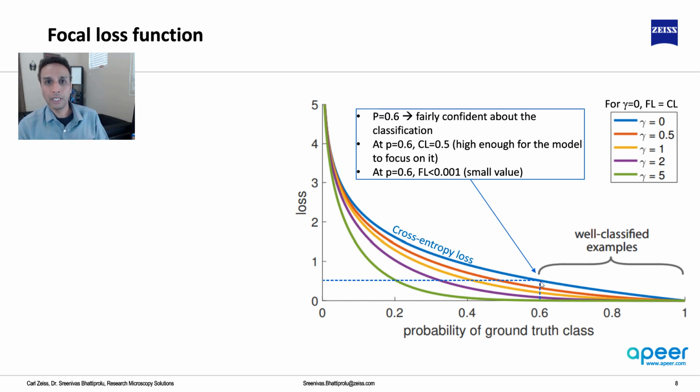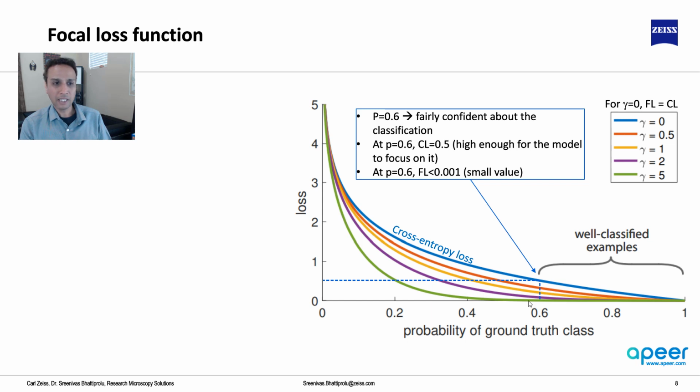Now, the same thing, look at the curve when gamma equals 5, which is the green line. There, my focal loss value is 0.001. At the same position, your categorical cross entropy loss is 0.5.